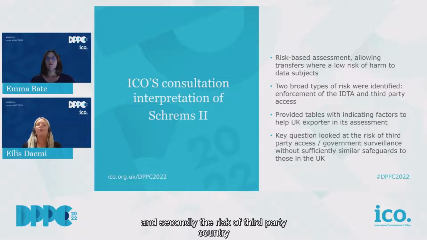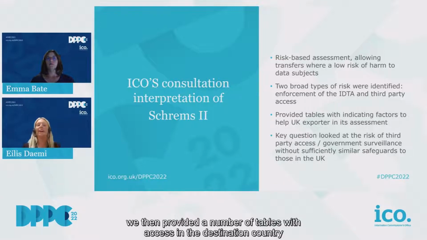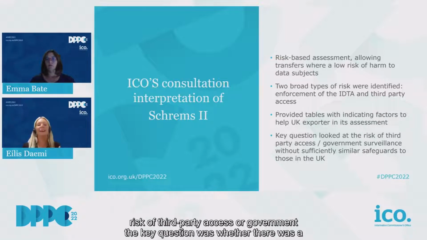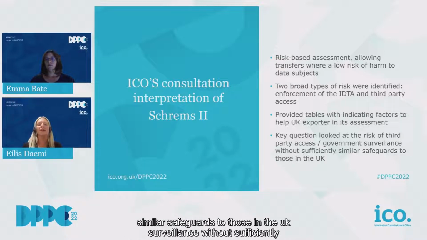And secondly, the risk of third-party access in the destination country. We then provided a number of tables with various indicators to help the UK exporter in this assessment. The key question was whether there was a risk of third-party access or government surveillance without sufficiently similar safeguards to those in the UK. Next slide, please.